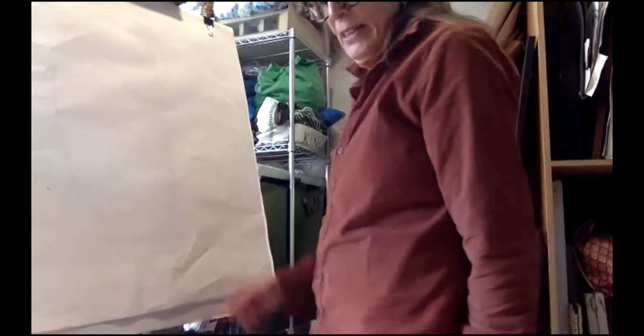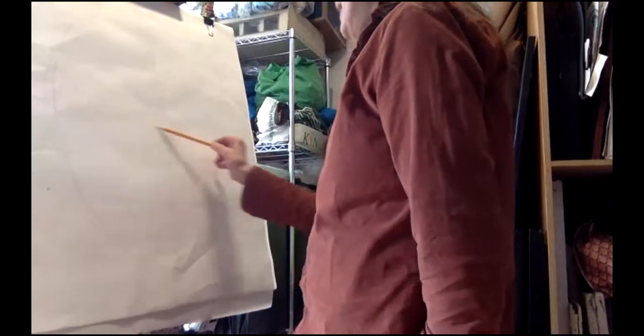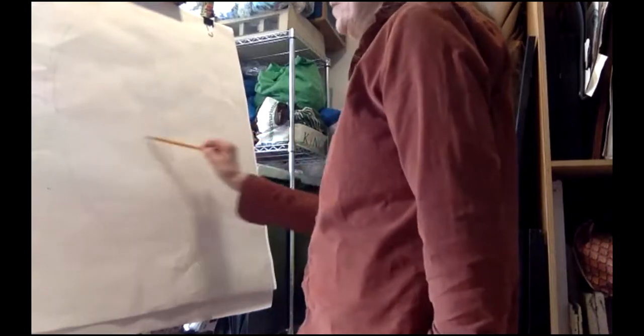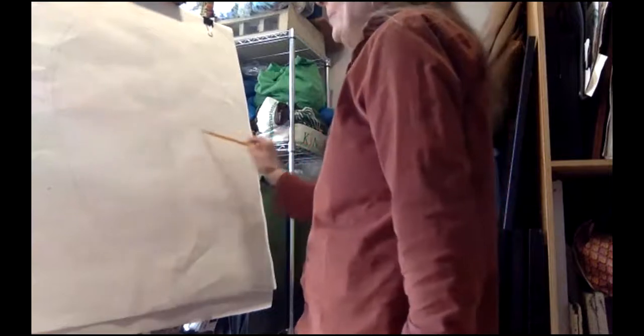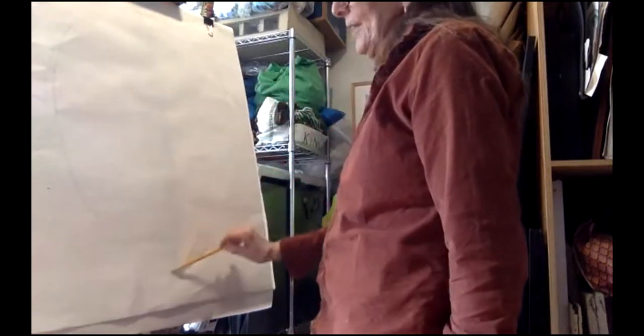My next guideline is for the level of the eyes, halfway between the hairline and the chin. Slightly different. Now I'm looking at a child. It's a little bit further down for children.